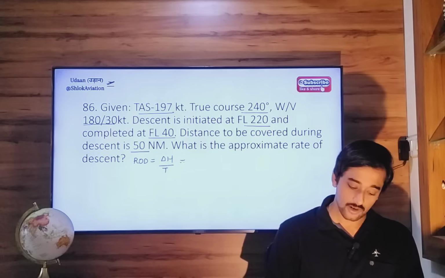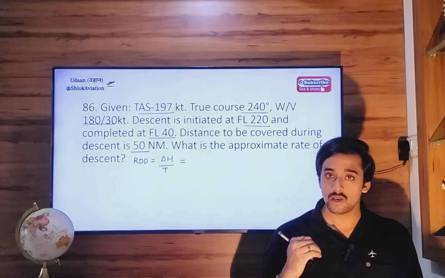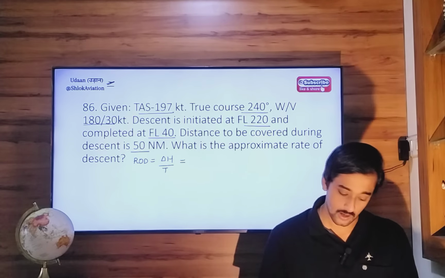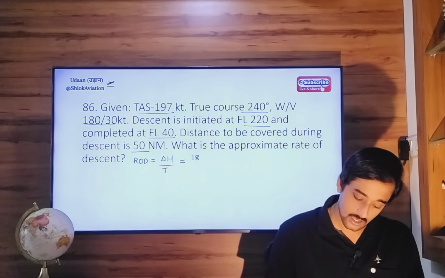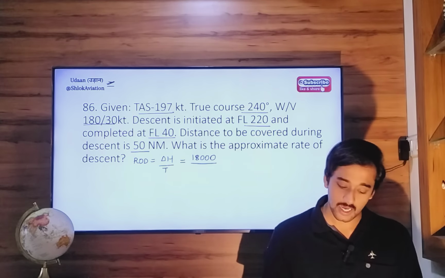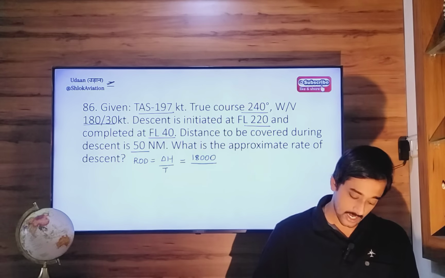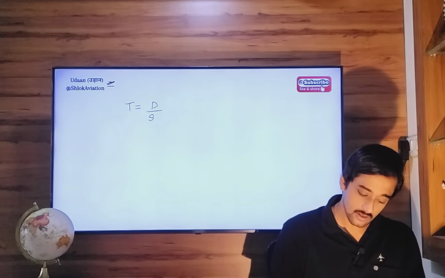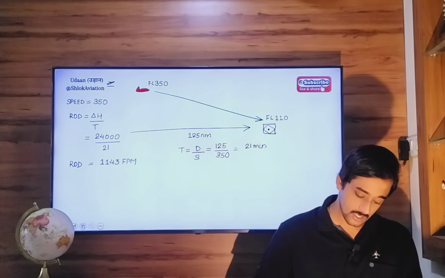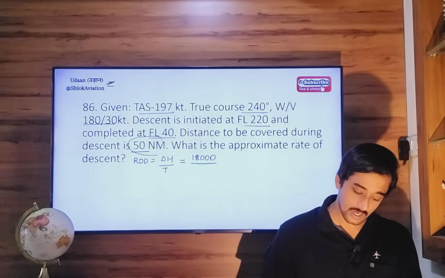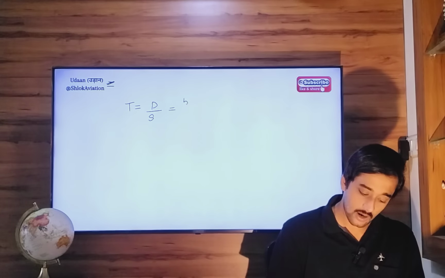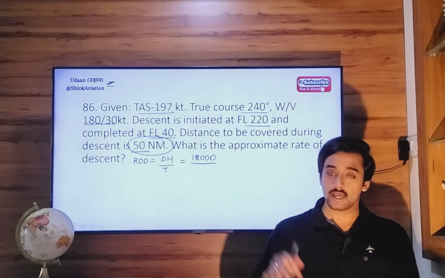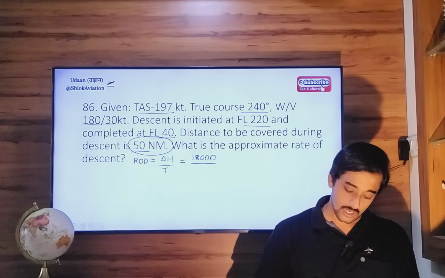So you're descending from 22,000 to 4,000, so change in height will be 22,000 minus 4,000, that is 18,000, divided by time taken. To find out time, you must know distance divided by speed. Distance is given in the question, 50 nautical miles. Ground speed is not given. We can calculate ground speed using the CX3 and this information.